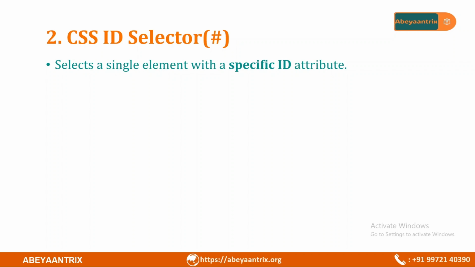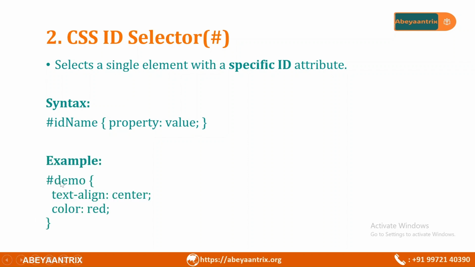Here you can see the syntax. You give the ID name instead of the element name. Where you are selecting that ID name, I will tell you. So instead of the tag name, you write the ID name with the hash symbol. Inside curly braces, you mention the same properties. Here you can see the example: hash demo.